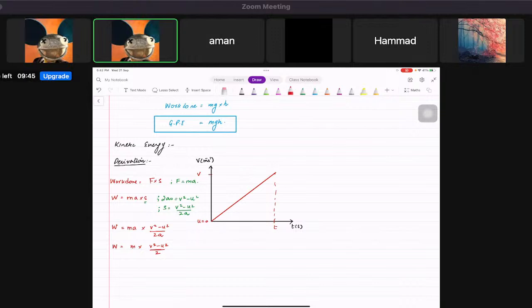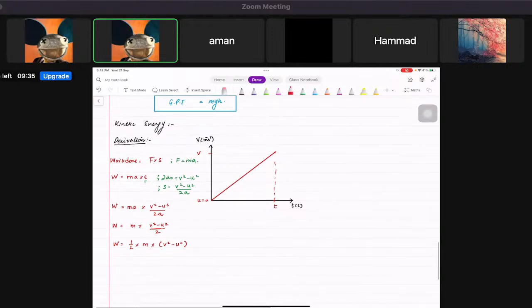Now take 2 there, so work done will be half times m times v square minus u square. Now you're going to put the values. Since u was 0, I'll put it inside. So half m v square minus 0 square, this is going to give me half m v square, which is equal to the kinetic energy. Is it clear, everybody? Yes, sir.